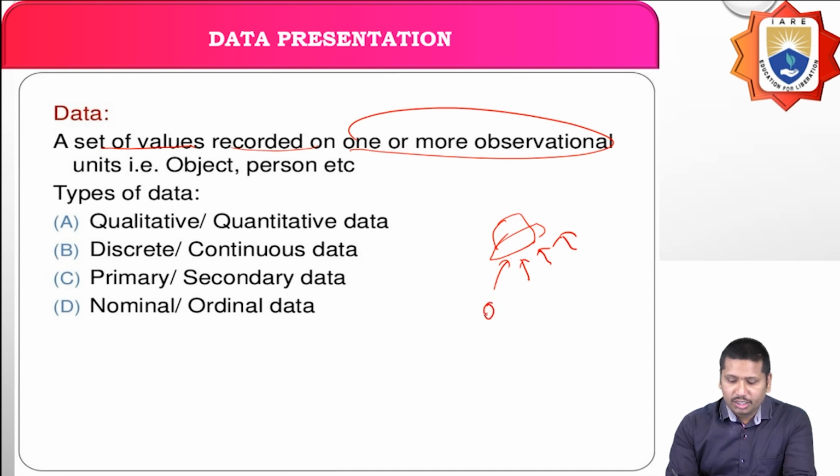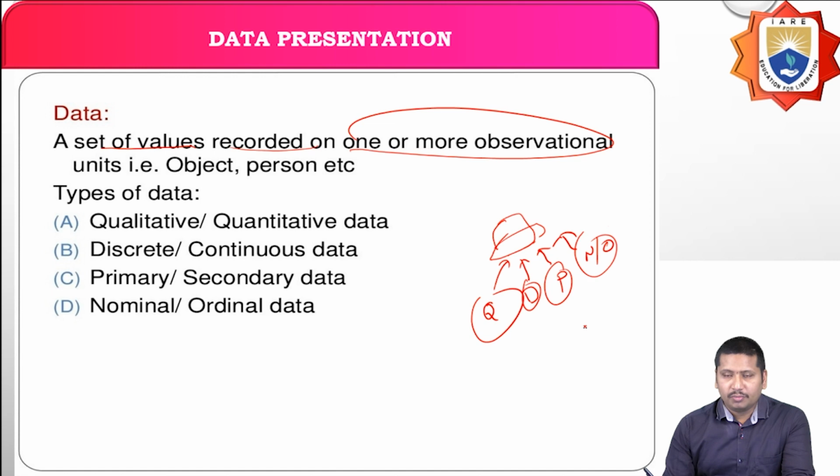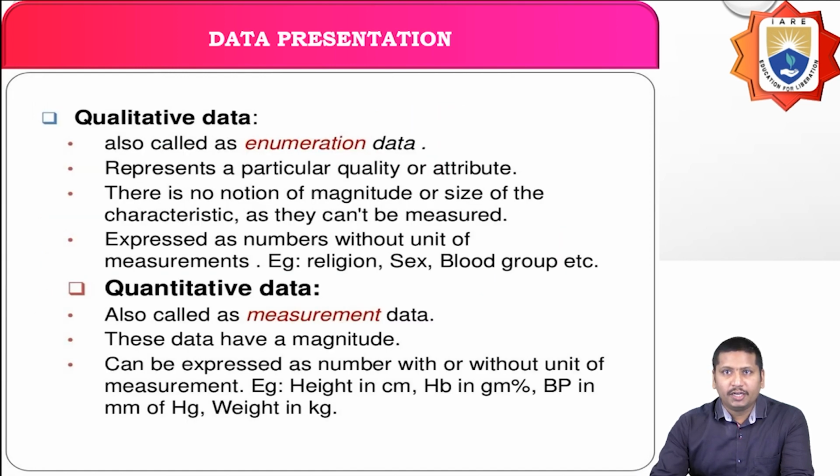It may be qualitative, or discrete, or primary, or nominal and ordinal. Like this, we have to see which kind of data it is.